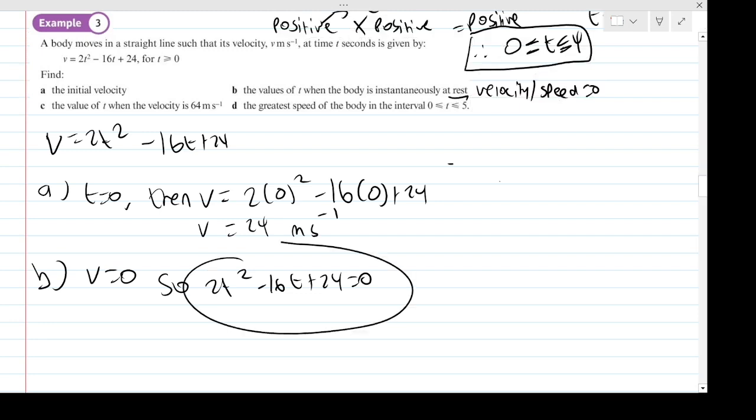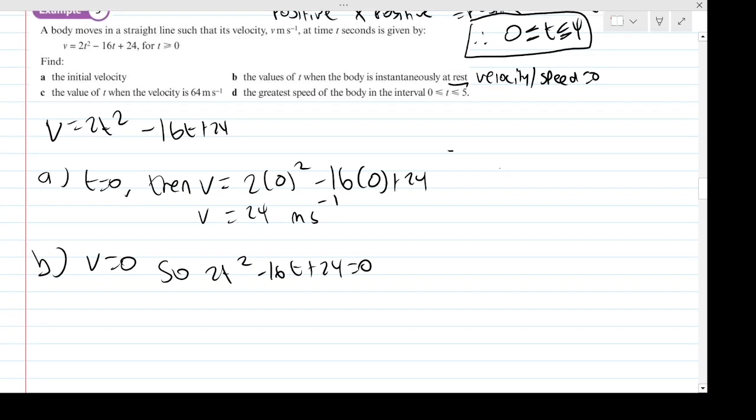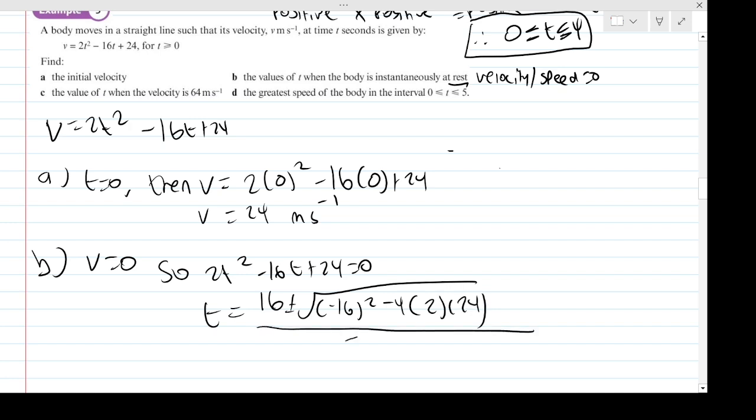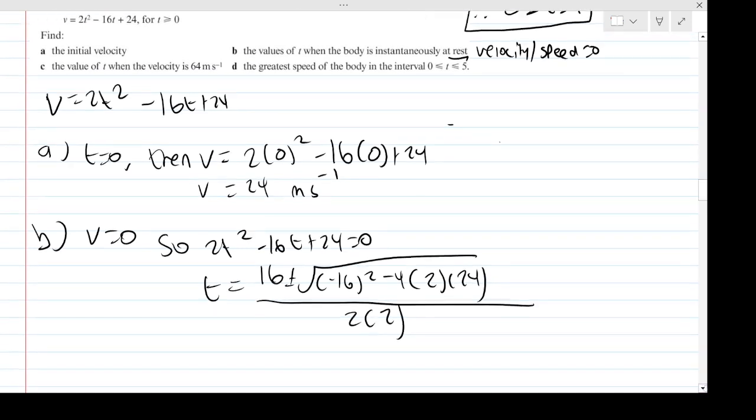So if I now solve this quadratic, I can use whatever method you like. I'm just going to state the formula very quickly. If I put that in a calculator, I get t is 6, or t is 2.